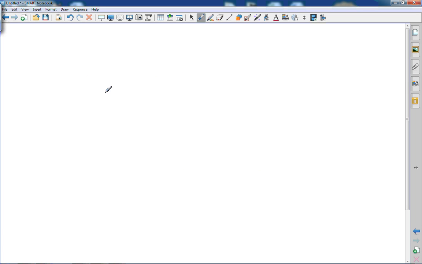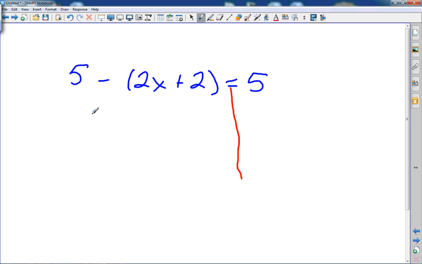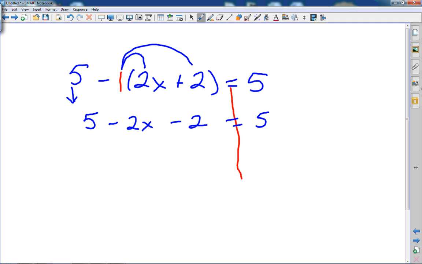Next one, I get 5 minus 2x plus 2 equals 5. I'm going to draw my line down. Now, this one's a tricky one. This 5 is not right next to that parentheses. It is in minus 1. So you're just going to bring the 5 down here. The 5 stays by itself. Now I'm taking negative 1 times 2x and negative 1 times 2. So I have minus 2x minus 2 equals 5.